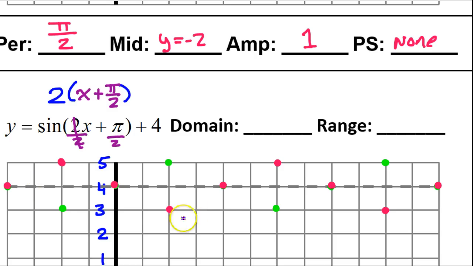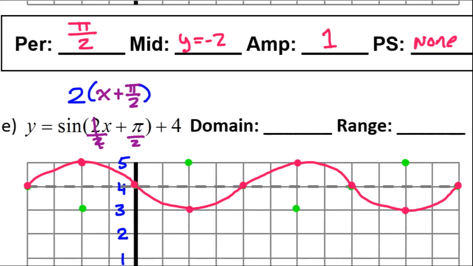So all I need to do is connect the dots of my pink graph, because that's the real graph. So in the end, your graph should look a lot like this. Alright, the domain, of course, is negative infinity to positive infinity, because it goes left and right forever. The range, let's look closely, from bottom to top, it has a low of 3 and a high of 5. So the range is 3 to 5.